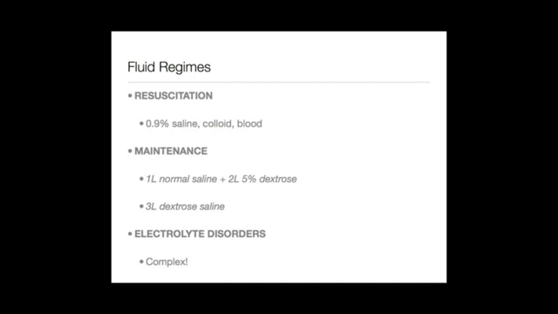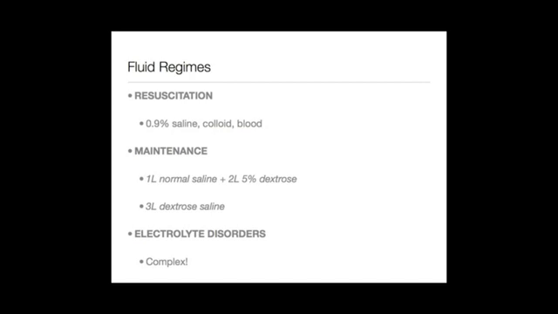So this is a volume of fluid which you give quite quickly, and then after you've given it, you measure any physiological response. So say a decrease in pulse, an increase in blood pressure, a reduction in respiratory distress. All these things going down would point towards hypovolemia and point towards the patient being dry.